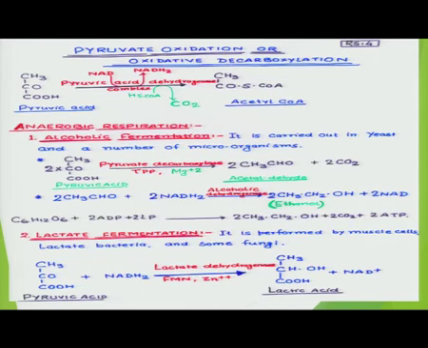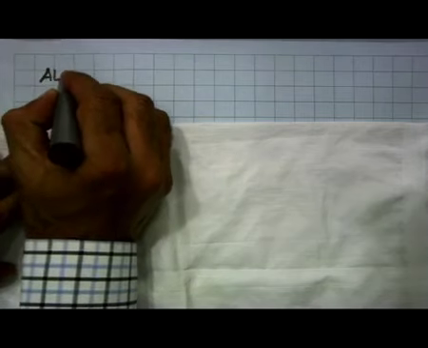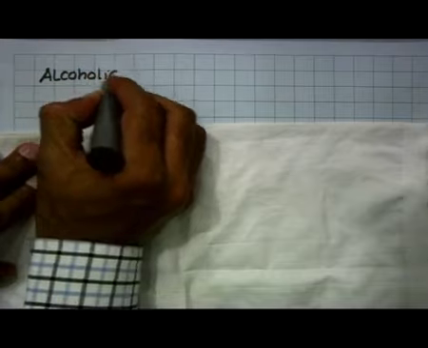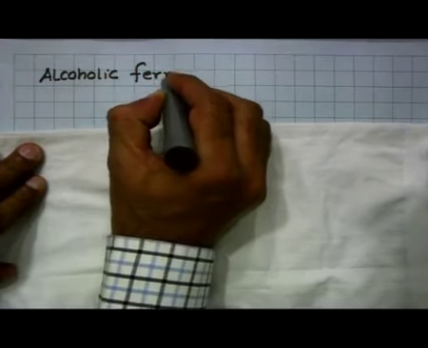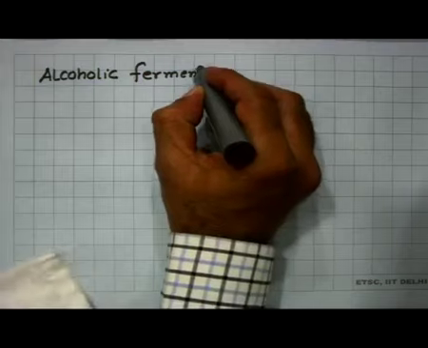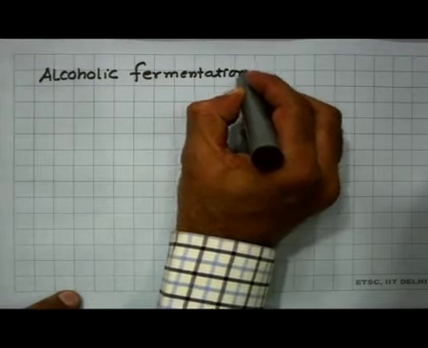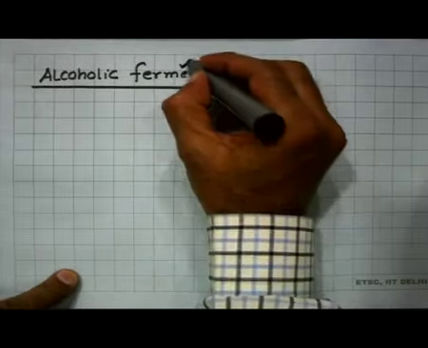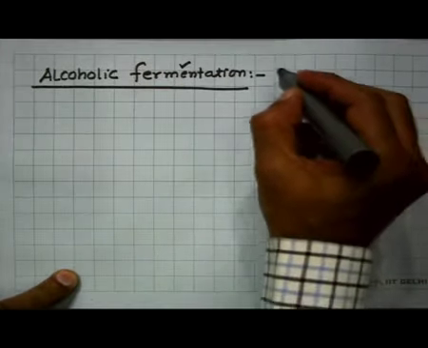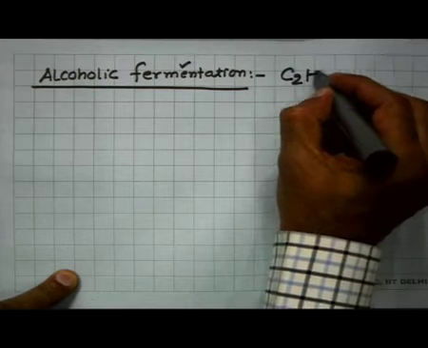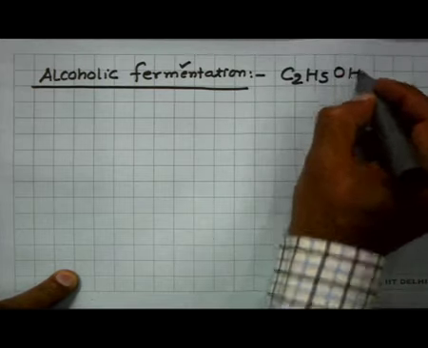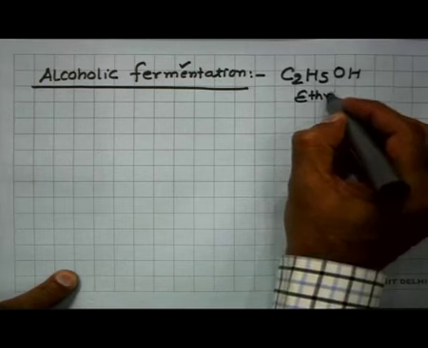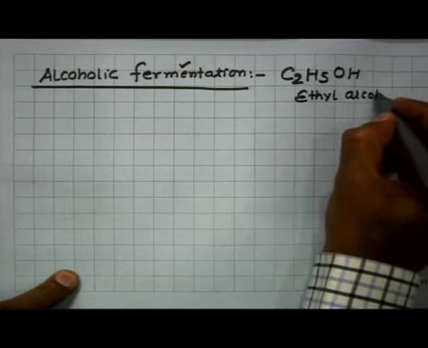First of all, we see the alcoholic fermentation. The alcoholic fermentation, as the term indicates, is fermentation in absence of oxygen, and the product is C2H5OH, that is ethyl alcohol.